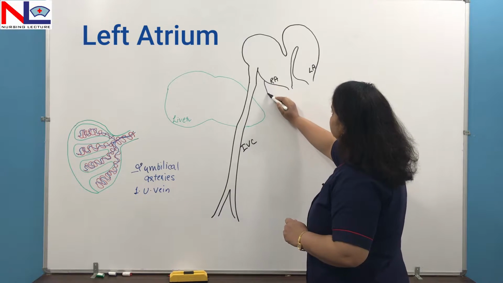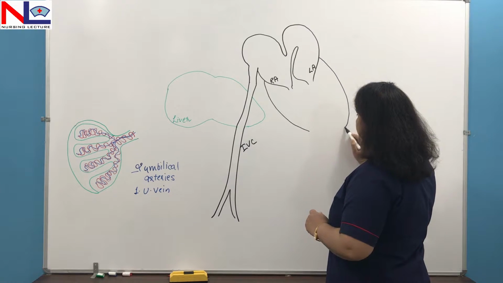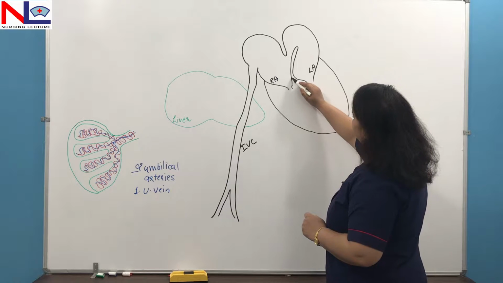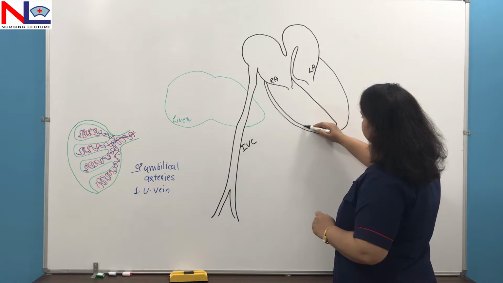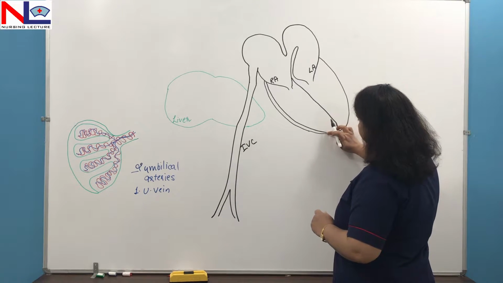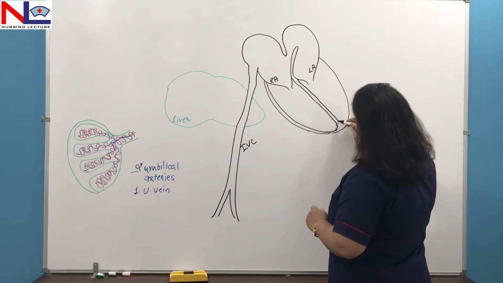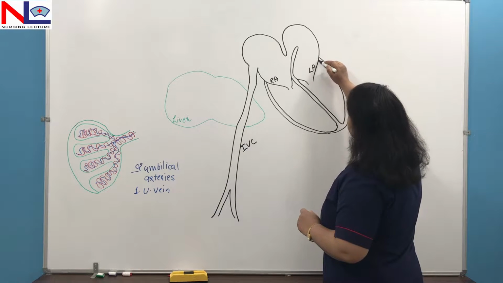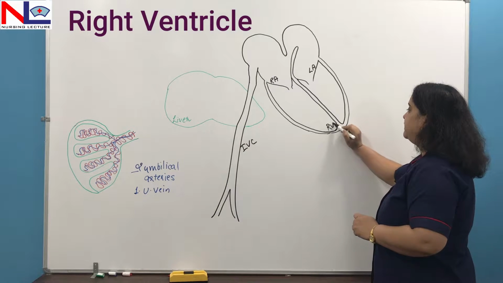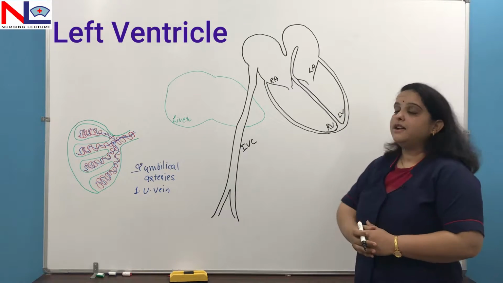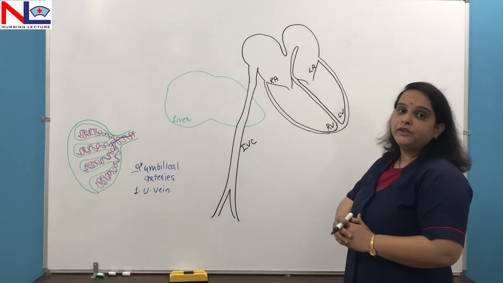Now come the ventricles. So here are the ventricles. This is the right ventricle and the left ventricle. So these are the four chambers of the heart: right and left atria and right and left ventricles.